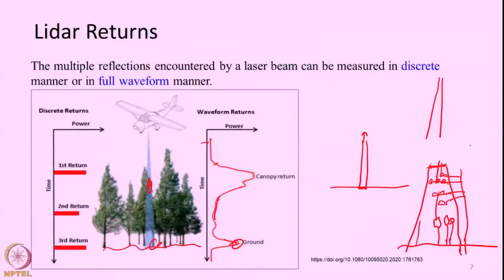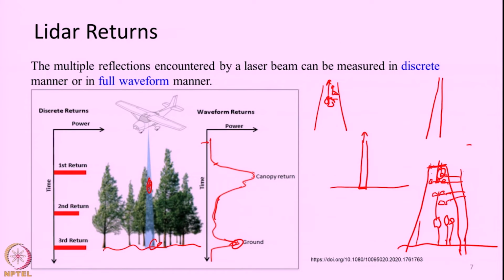A single leaf may produce a very weak return. Say within this beam, here it is encountering only one leaf, whereas here it is encountering a bunch of leaves. Naturally this bunch of leaves will produce a higher return, or more power will be reflected back compared with a single leaf. So with the difference in arrangement of scattering elements in elevation, in the z direction, the power also will vary.